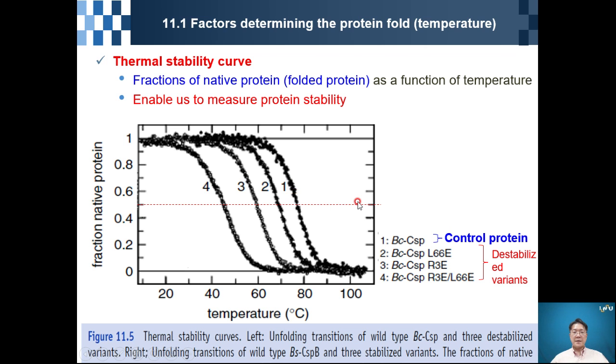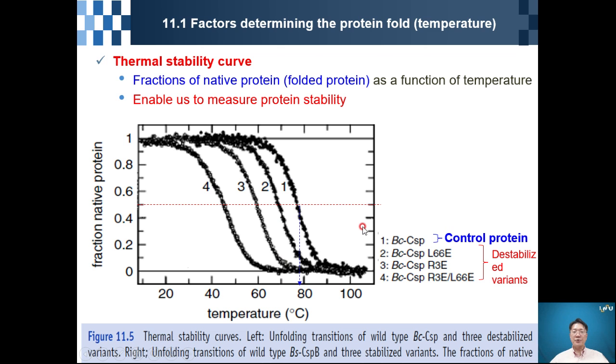Number 1 means that at around 78 centigrade, half of them exist as native structure and half of them exist as the unfolded structure.